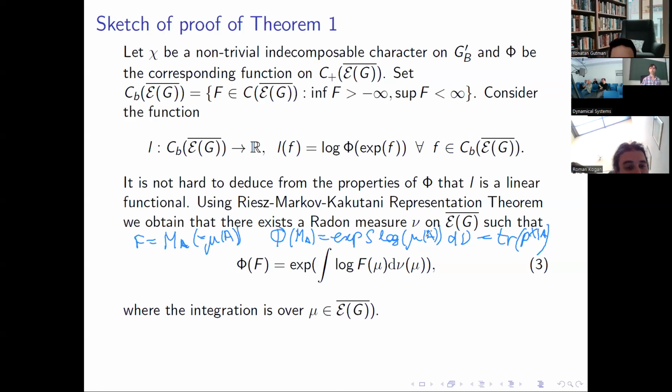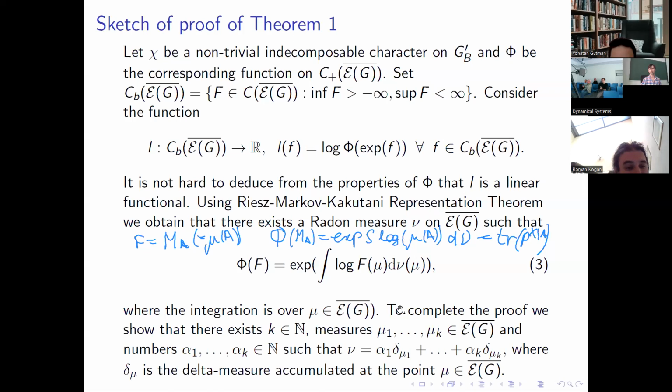Next, there is another technical step. To complete the proof, we show that this measure nu, in fact, is very simple. It's a linear combination with integer indices of delta measures.